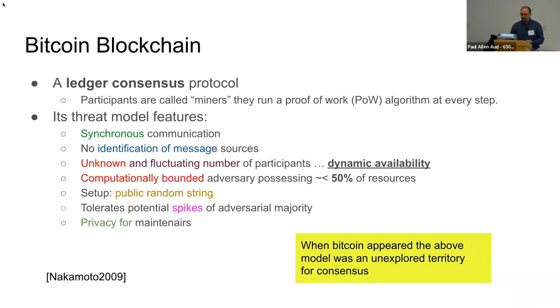The setup is a public random string, and the protocol even tolerates small spikes of adversarial majority, and even more, it gives some type of privacy for the maintainers of the protocol. So that's the threat model of this protocol in a few sentences.